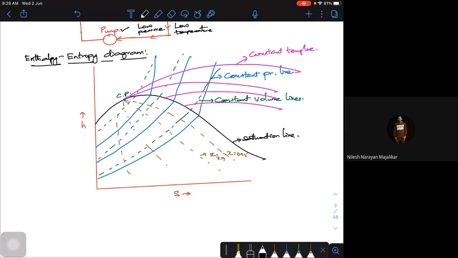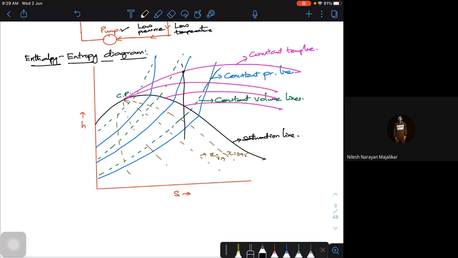Okay. Now, why is this particular enthalpy entropy diagram important? Whenever I try to take the steam turbine, I will look at how this particular steam turbine is expanding. So the steam turbine is expanding from a particular point. Say if I tell that the steam turbine is expanding from some pressure, and the temperature is some 350 degrees at a pressure of maybe 50 bar, and it is expanding isentropically, something like this, to this particular point.